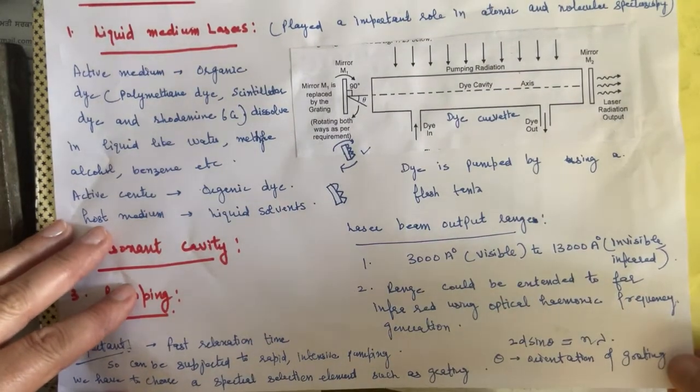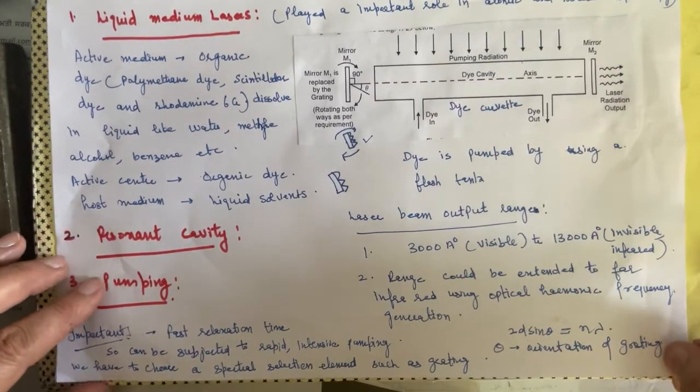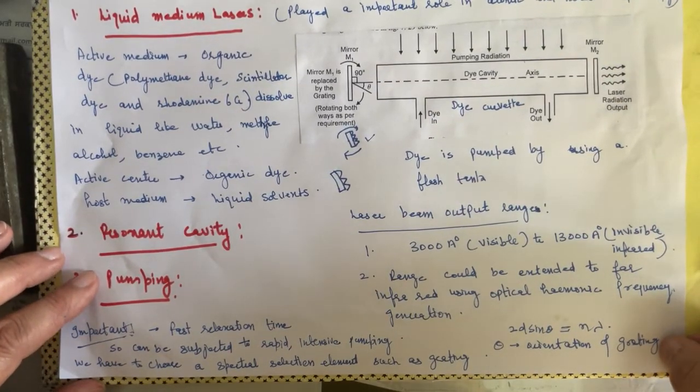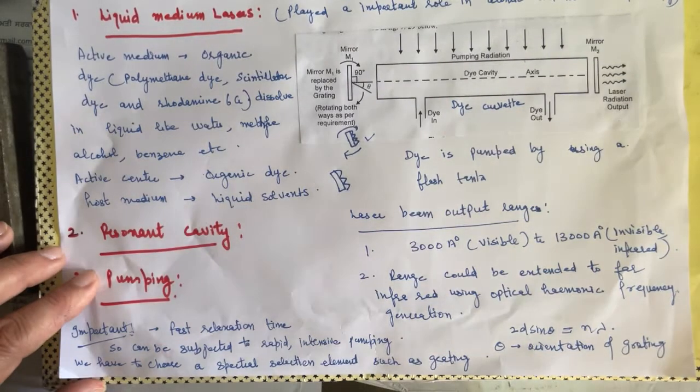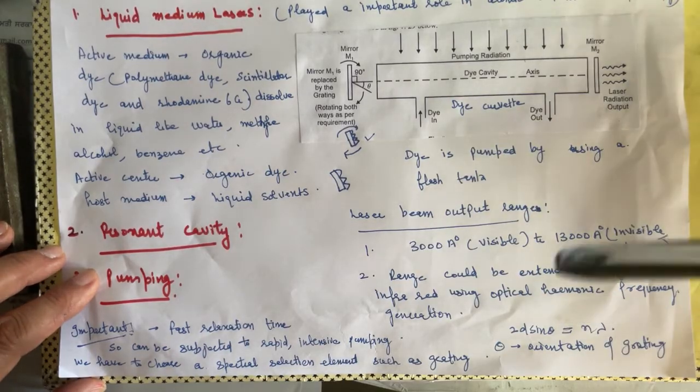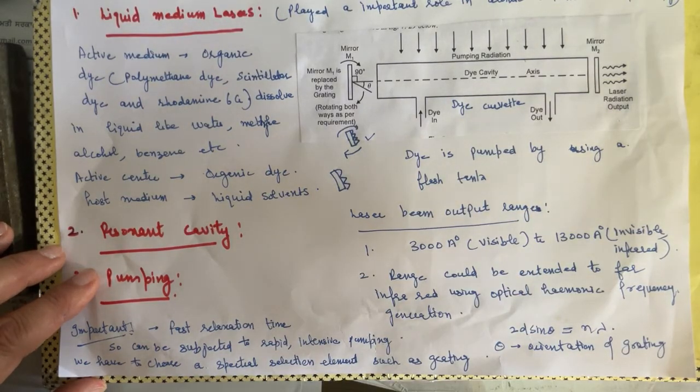Then chemically speaking, the structure of the dye is quite complicated and bulky. Because of the suitable line width of the luminescence line of the dye, it is possible to tune continuously the wavelength of the laser line over a span of about 1000 angstrom.